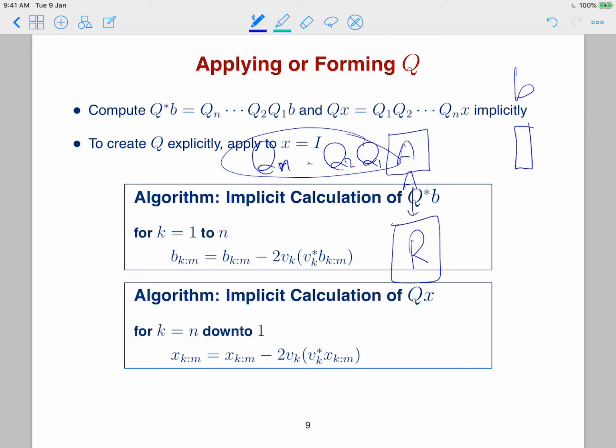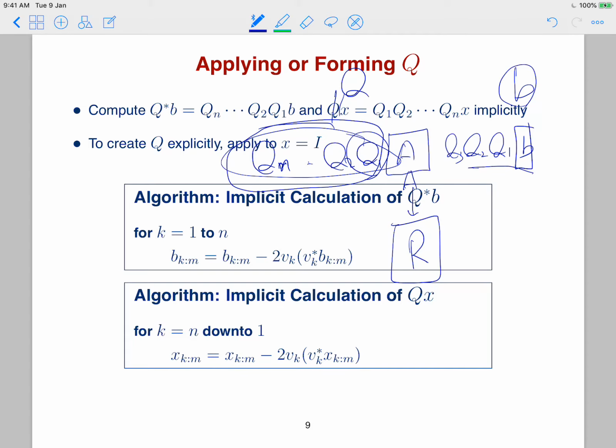So here the main point is that we don't actually need to explicitly form that part, right? And that's what I'm currently trying to explain. Because this is an entire Q, we just additionally compute the multiplication of Q1 with B, and Q2 with B, and Q3 with the intermediate result starting from B, right?